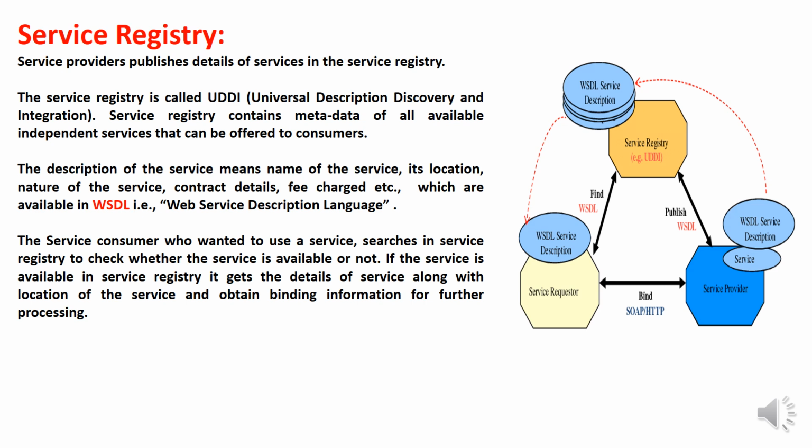The service consumer who wanted to use a service searches in service registry to check whether the service is available or not. If the service is available in service registry, it gets the details of service along with location of the service and obtains binding information for further processing.